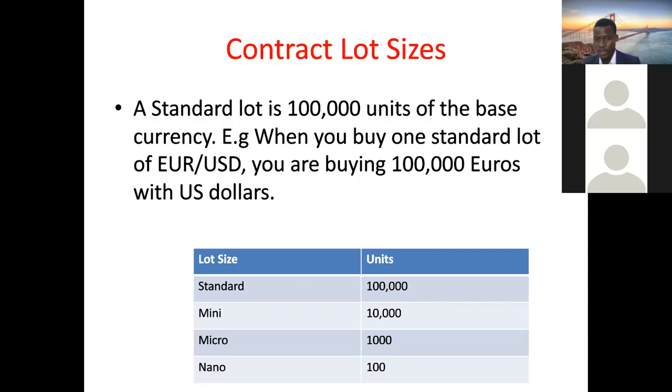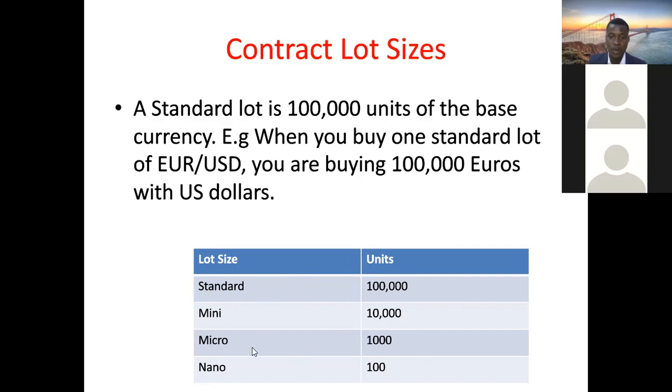Remember I said we have different types of accounts, with different lot sizes. If it is a standard account, a standard lot size of 1 means you are buying 100,000 contracts. In a mini account, a lot size of 1 is 10,000 units or 10,000 contracts.